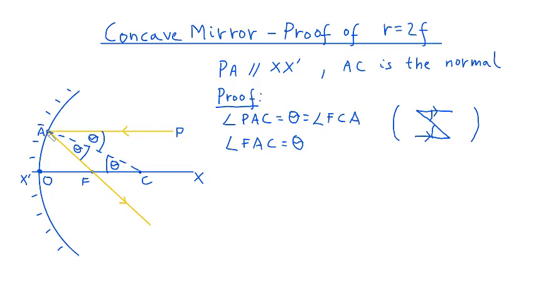Recall that I said that AC here is the normal, and hopefully you recall from the concept of reflection that these angles here are the angles of incidence and reflection. If you need reminding of these concepts, please check out the video I've created on the laws of reflection.